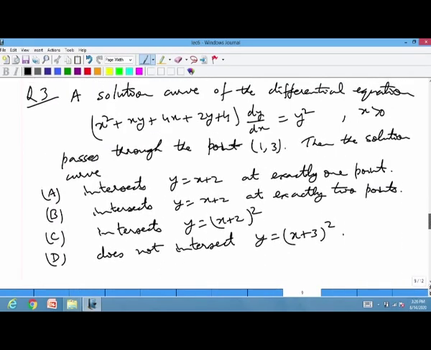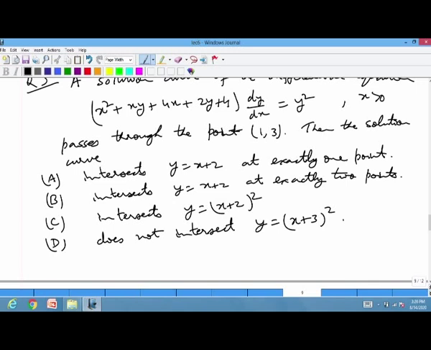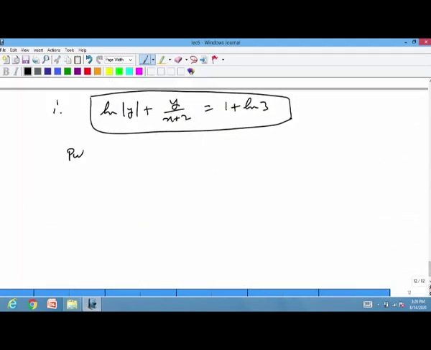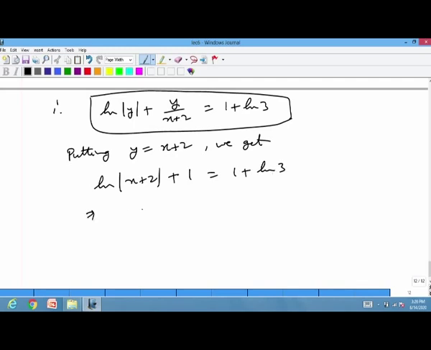Now, let us look at the options. The first option is asking whether y = x+2 intersects this curve, and if so, at how many points. Putting y = x+2, we get log|x+2| + 1 = 1 + log 3, which implies log|x+2| = log 3.